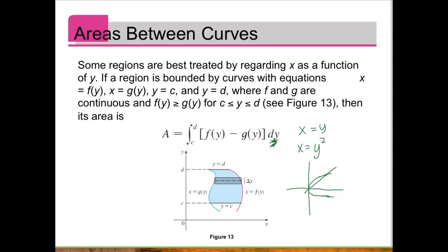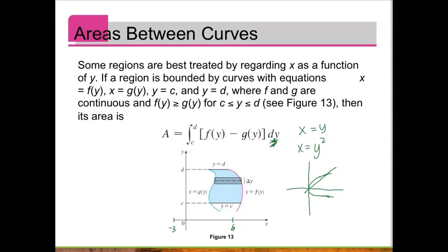Instead of doing top function minus bottom function, and I'll put this back in the context of a number line. If I want to find the distance between 6 and, say, negative 3, how do I find that distance? You still subtract, but which direction?